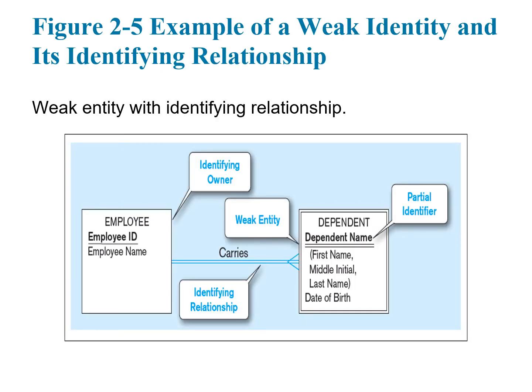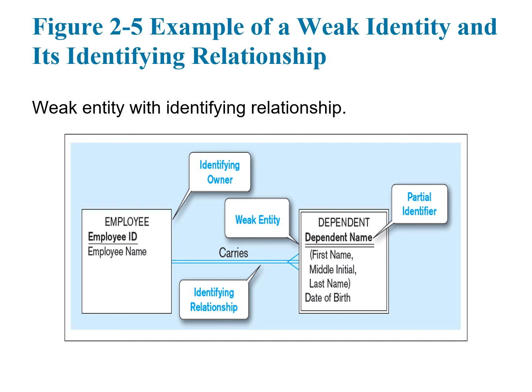Figure 2-5. Example of a weak entity and its identifying relationship. Weak entity with identifying relationship. This figure shows an entity relationship diagram depicting an identifying relationship between an identifying owner, the employee, and the weak entity, the employee's dependent.